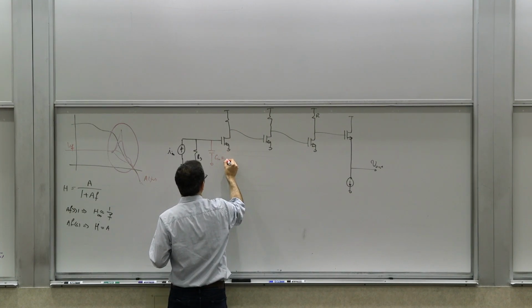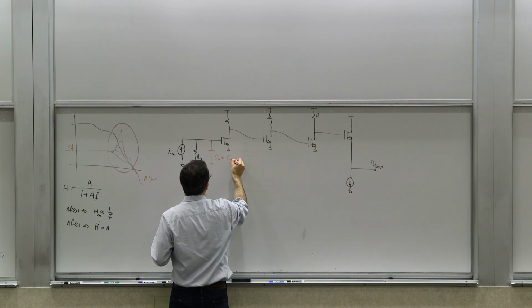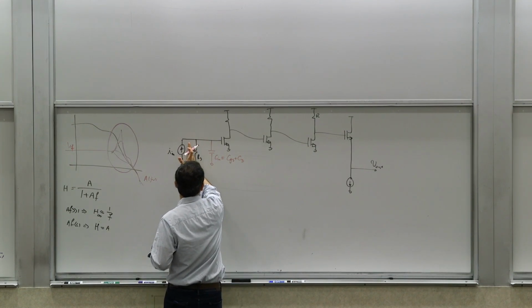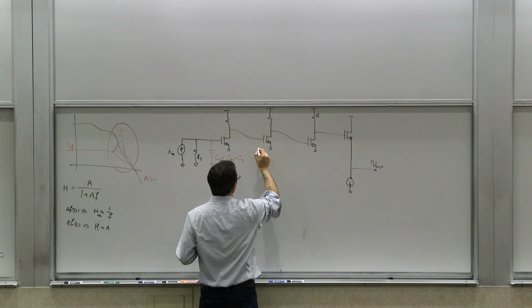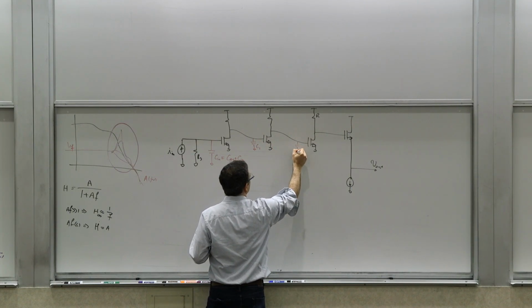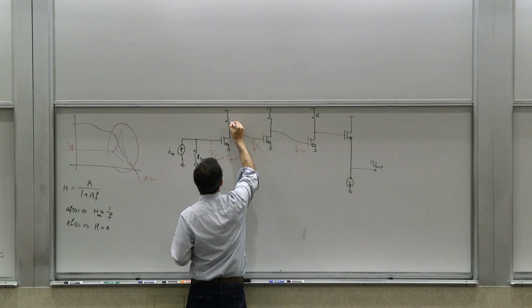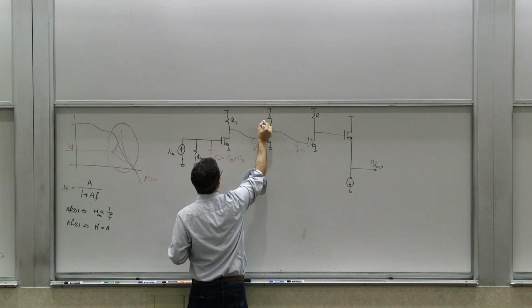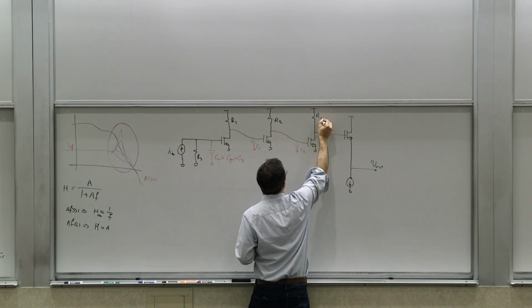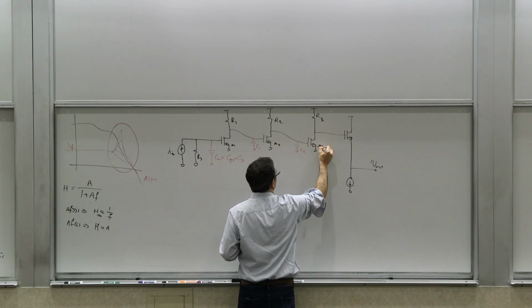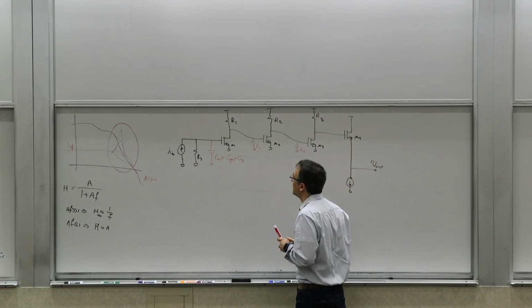It's the capacitor of the transistor, let's say CGS, plus the capacitor of the diode, CD. So part of it is coming from here, part of it is coming from CGS. Then you can have a capacitor C1 and a capacitor C2 for the gate-source capacitors. So this is R1, R2, R3, M1, M2, M3, M4.